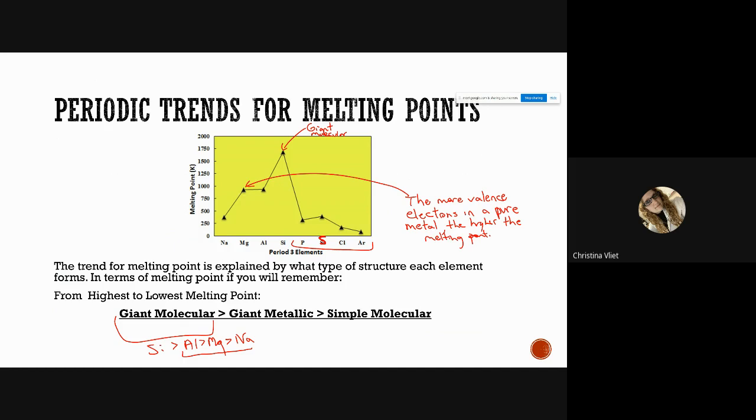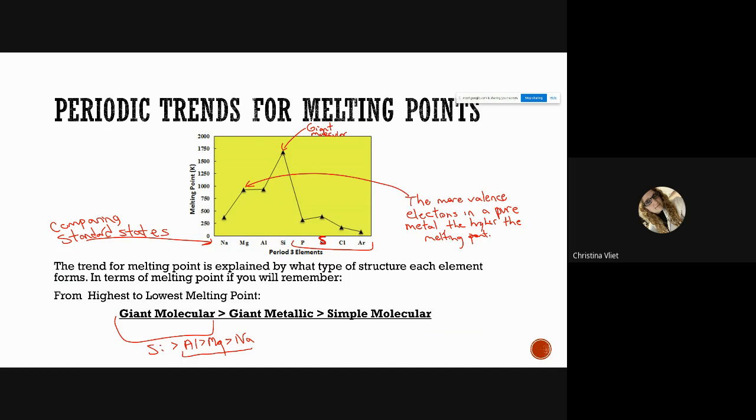What's going on? Why is sulfur higher than phosphorus and higher than chlorine? Is there some kind of reasoning here that makes sense? So we're talking about the elements here, and we're talking about the standard states. So when we're comparing the melting points, we're comparing the standard states.